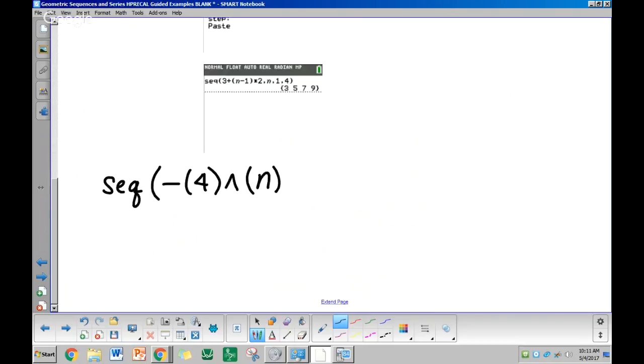Whoops, I'm sorry, because then it would be n minus 1, comma, and then you have to tell the calculator what the variable is. What is the variable? n, comma, and where do you start? At position 1 and end at position 7. So that's the 89. And there you go.